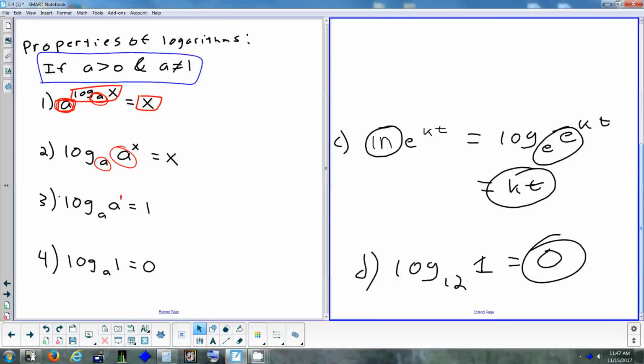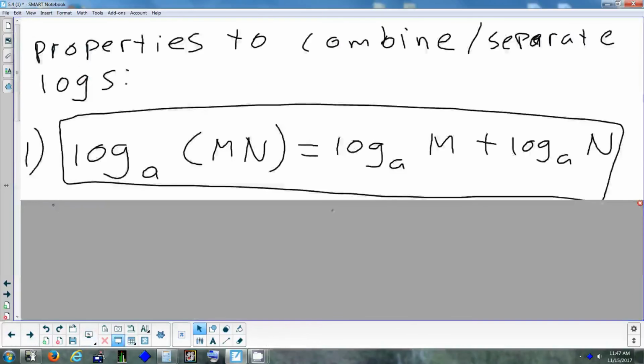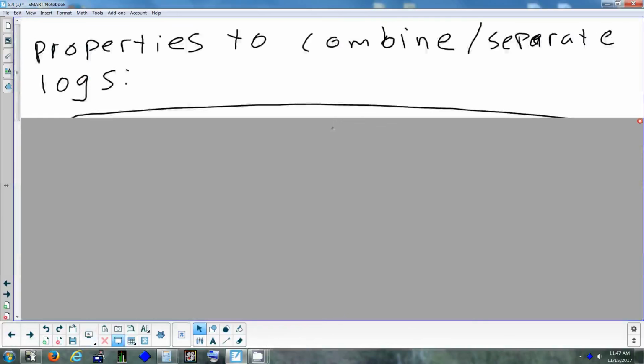Okay, so last group of properties. So these properties are used to think of it as combining like terms. Okay? We can take 2 logarithms and we can combine them together. Or if you want, you can take something that's already combined and you can split it apart. Either way.